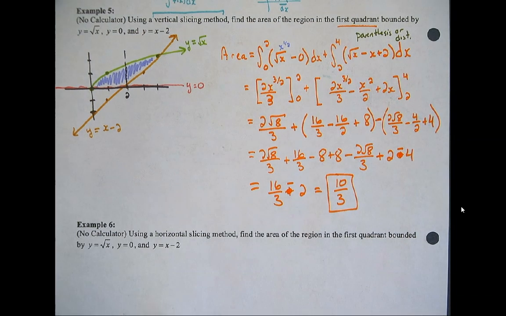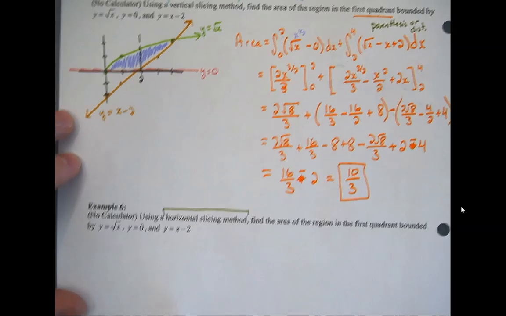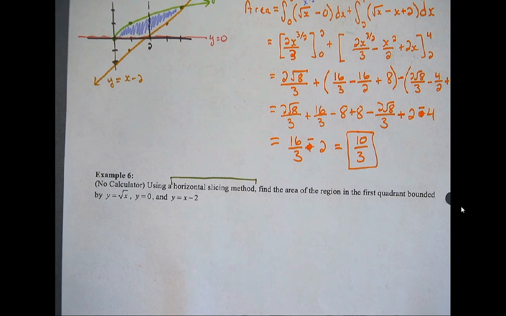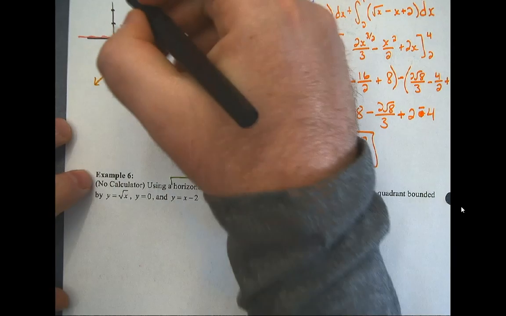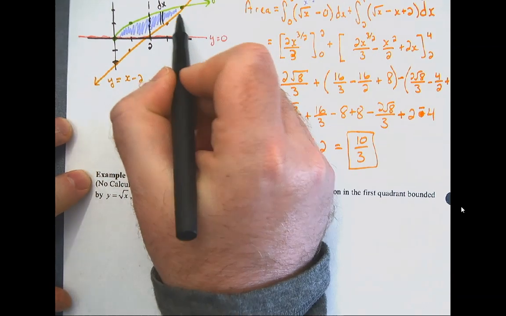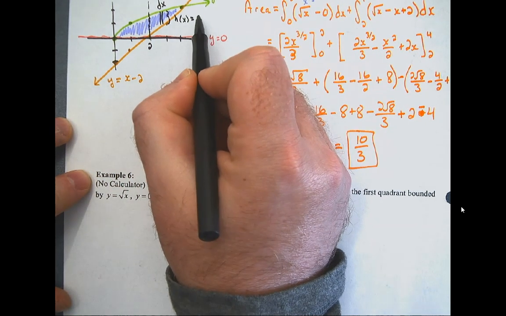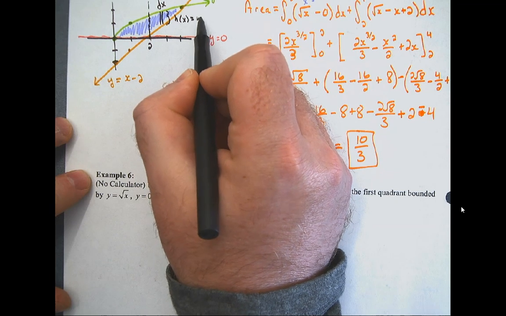All right, so how does this problem change when I want to do a horizontal slicing method? So now, I should have drawn my little representative. This is dx, and then the height of this is equal to the upper minus the lower.